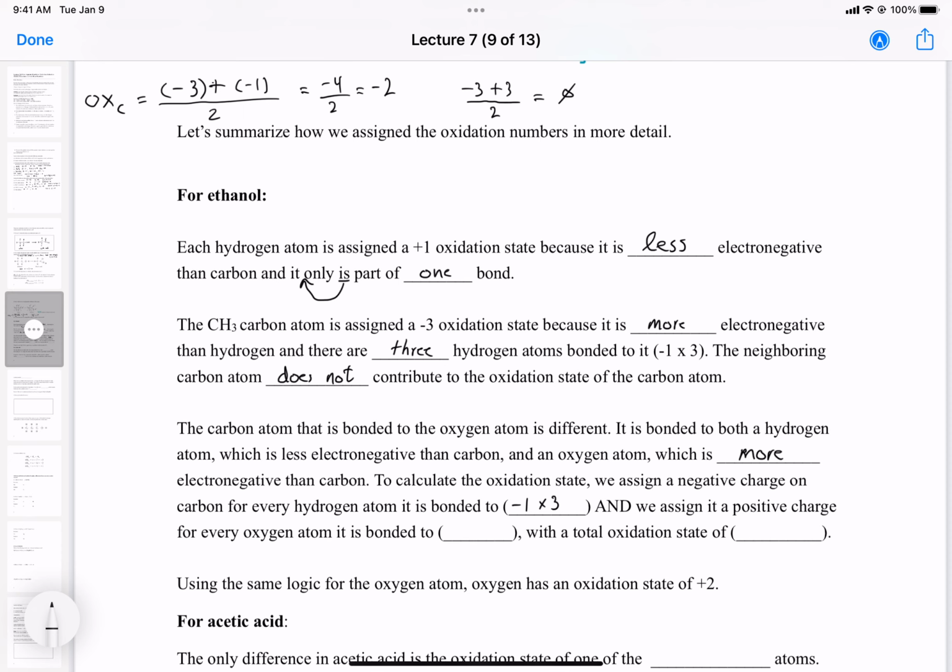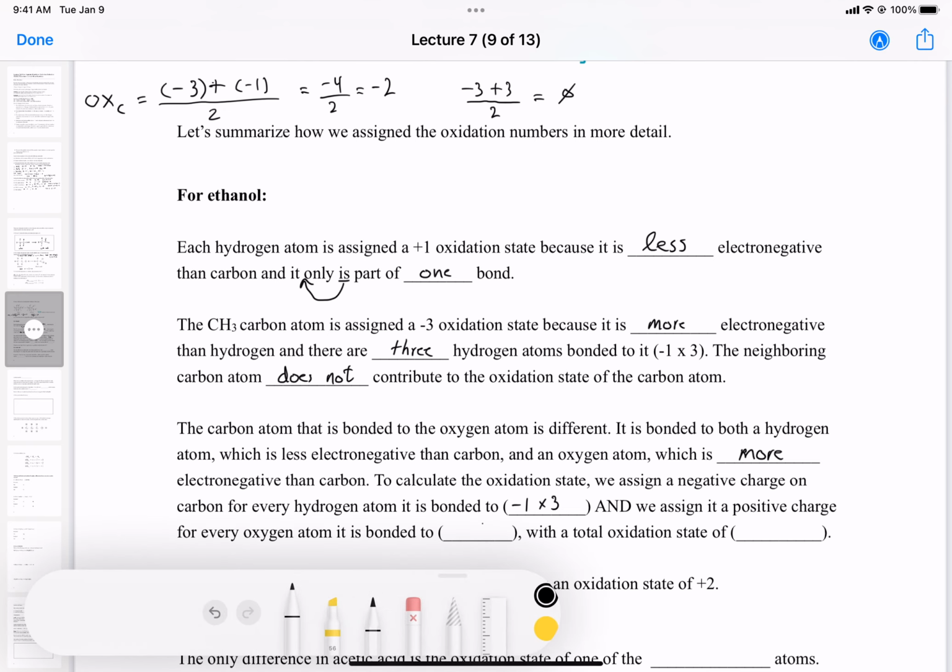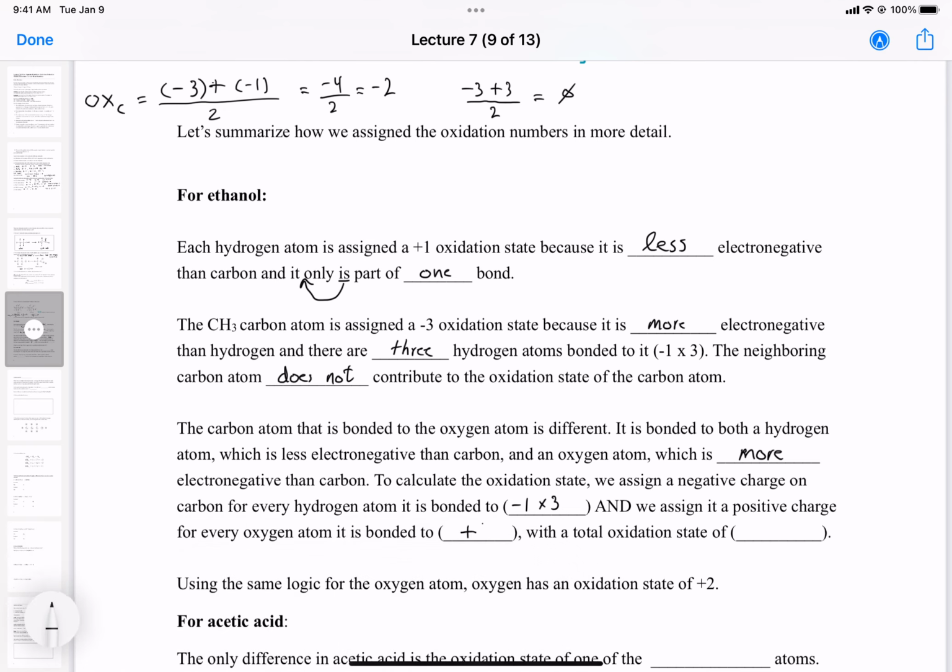So in this case, we would say it'll have 1 times +1, so we could just say +1. Okay? So if we add those all up, we get -3 plus 1 equals -2.